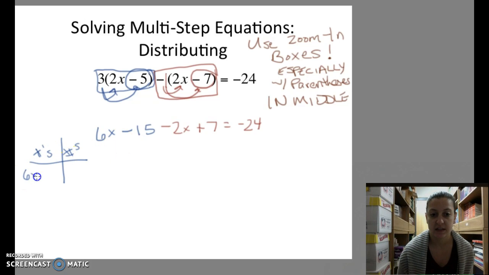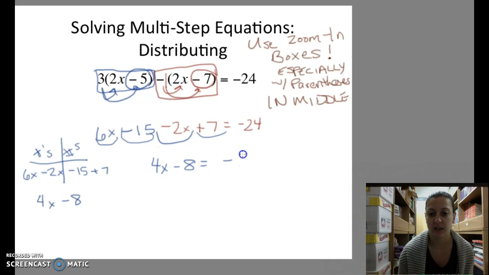Got 6x, negative 15, because of the sign, negative 2x, and positive 7. So we have 4x minus 8. 4x minus 8 equals negative 24. Now it's a two-step equation. 4x equals negative 16. Divide 4, x equals negative 4. Okay?